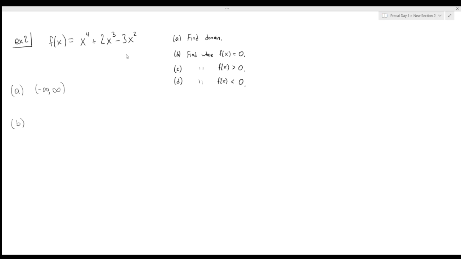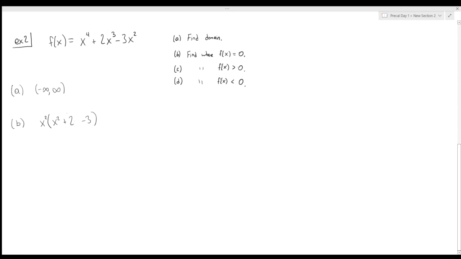Yeah. So the first thing we would do is every term has an x squared in common. So we should factor out the x squared first. That will leave us with x squared plus 2x minus 3.